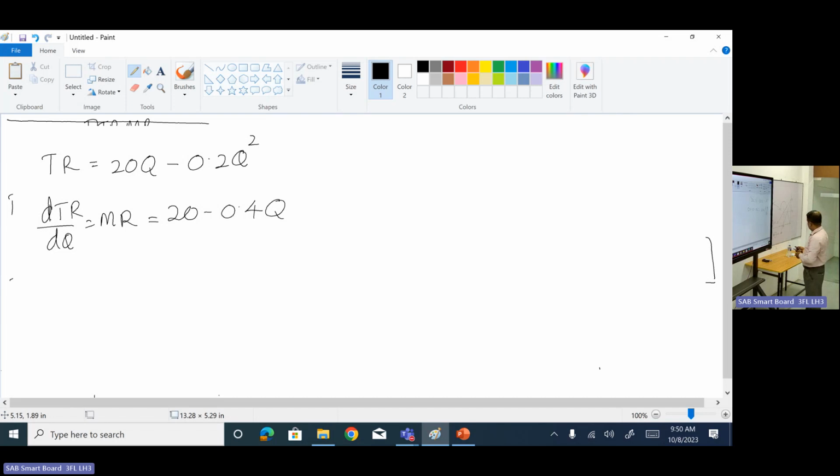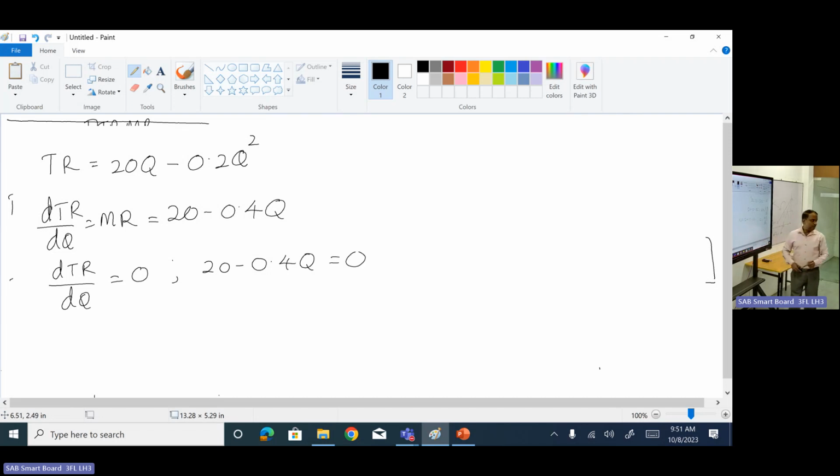At the maximum point, the total revenue is maximized, so we need to equate this marginal revenue function to 0. 20 minus 0.4Q equals 0.